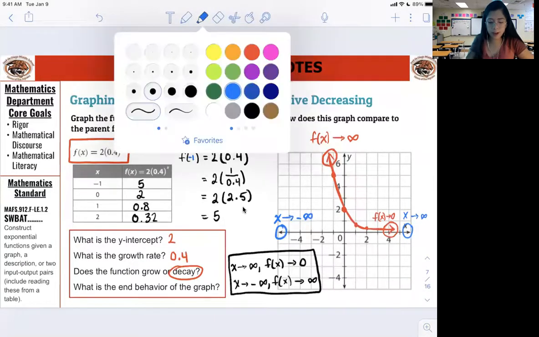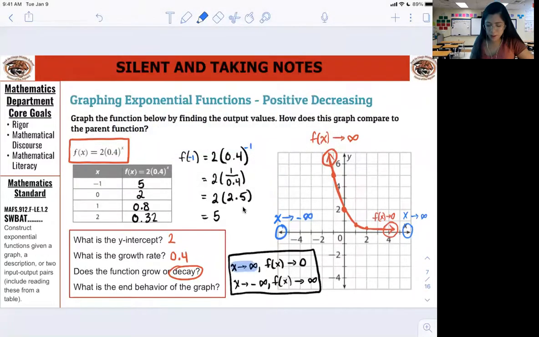Now, when we're writing end behavior, this part is always the same. Because that part, the x approaching infinity and the x approaching negative infinity, is just telling me to look on the right side of the graph and then on the left side of the graph. So what I highlighted in blue is always going to be the same.